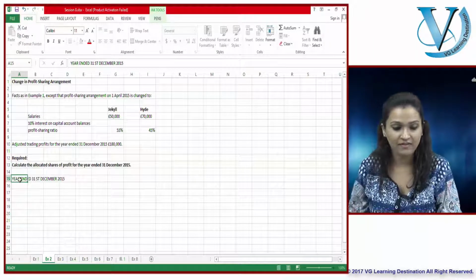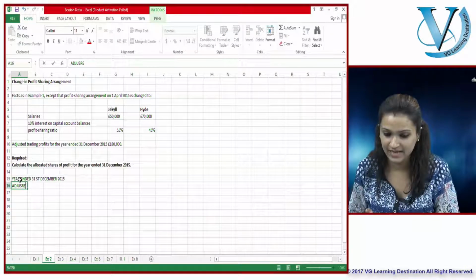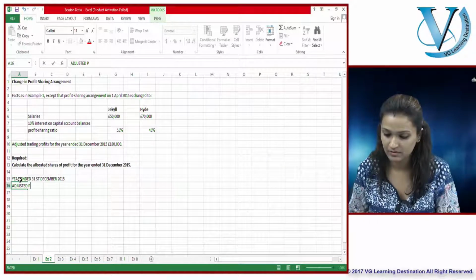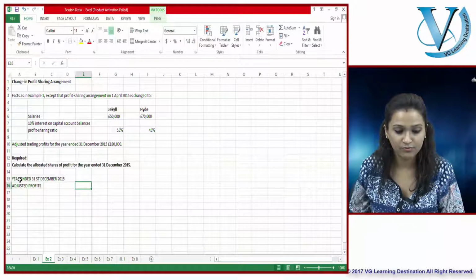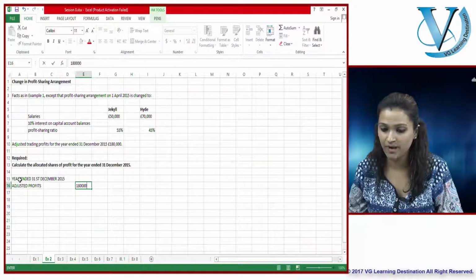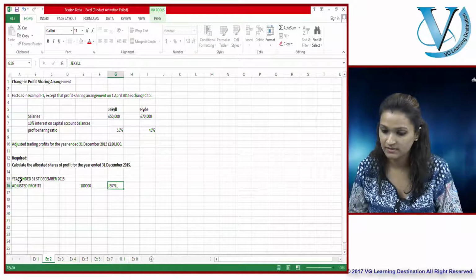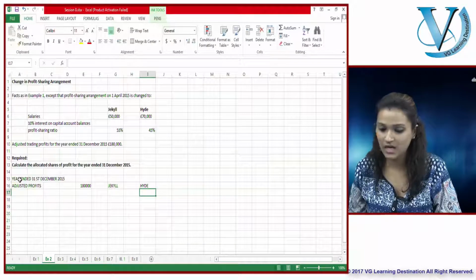How much do we have? We need to divide it amongst the two. The total adjusted profits is 180,000 pounds, which needs to be divided amongst Jekyll and Hyde. Right? So let's start.